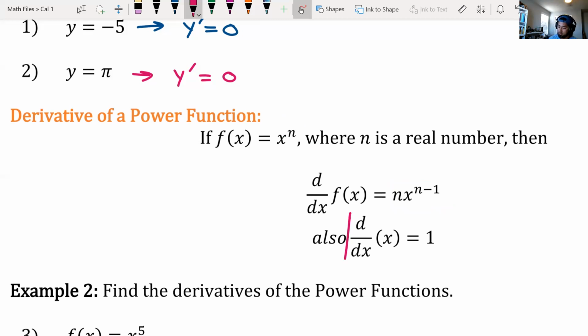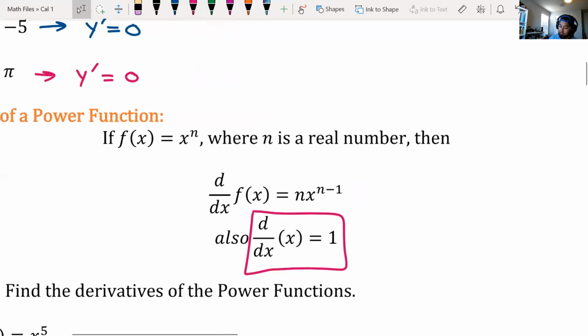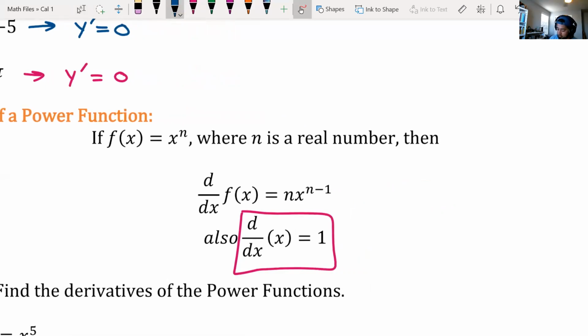And then the derivative of x is just going to be 1. If we explore that, d over dx of x, the power of this x is 1. If we use the power rule, you'd get 1 times x to the 1 minus 1, which would give me 1 times x to the 0th.